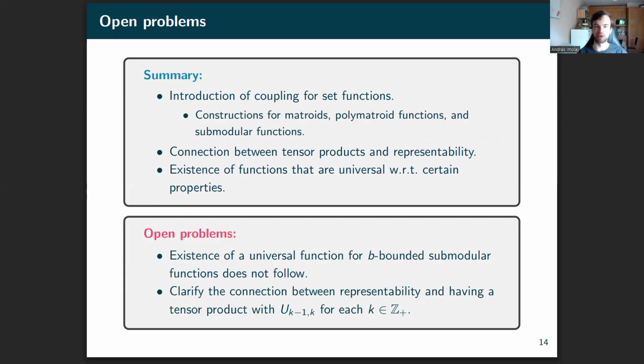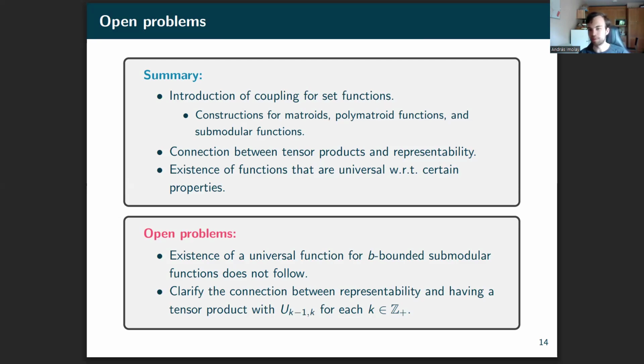I will close the talk with some open problems. For example, our theorem does not imply anything about the existence of a universal function for b-bounded submodular functions. Here, b-bounded just means bounded by some number b.